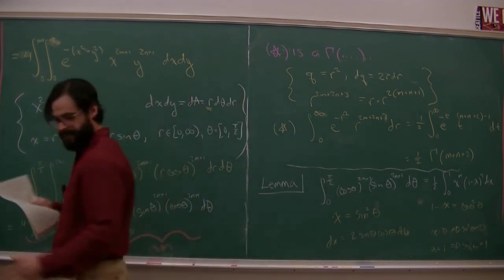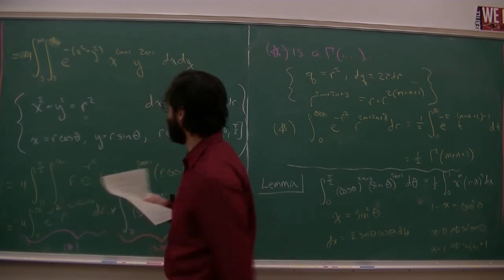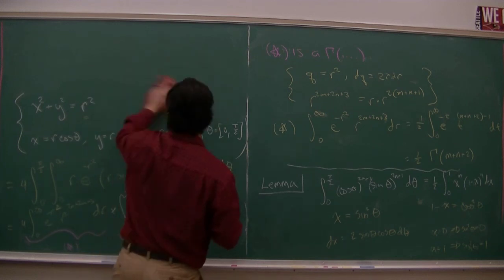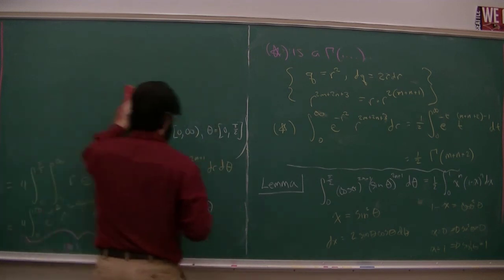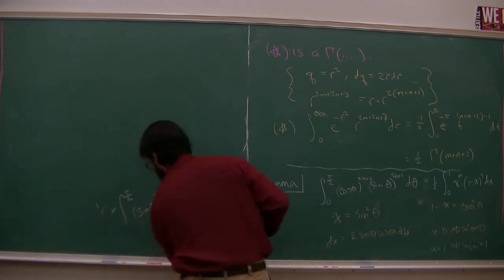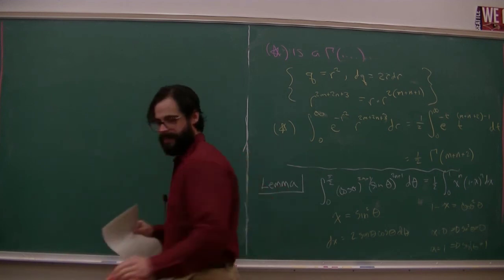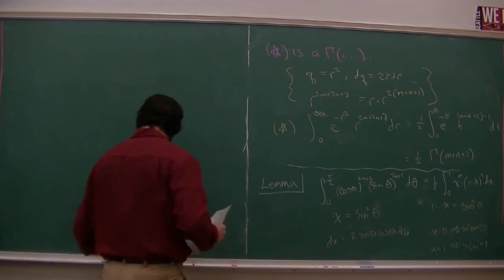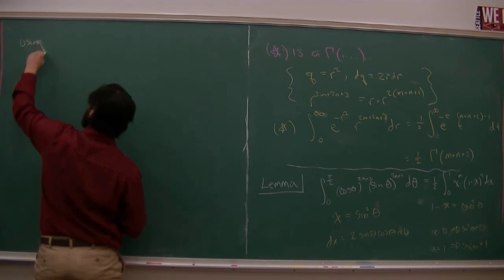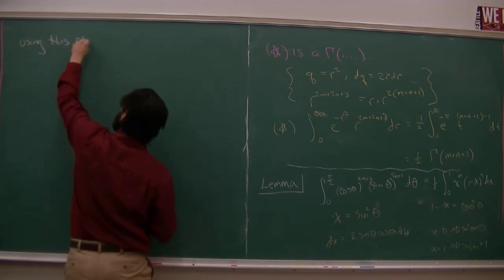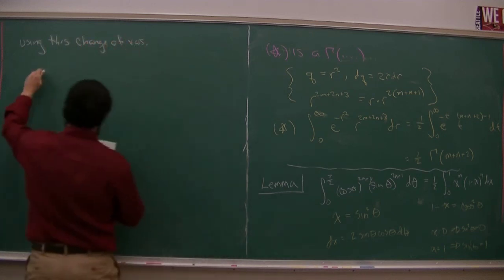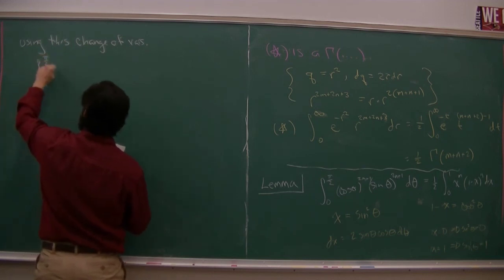And if somebody is squinting at me as I say that, you're right to be squinting, because we actually proved something else along the way. So using this change of variables, we get the integral from 0 to pi over 2.